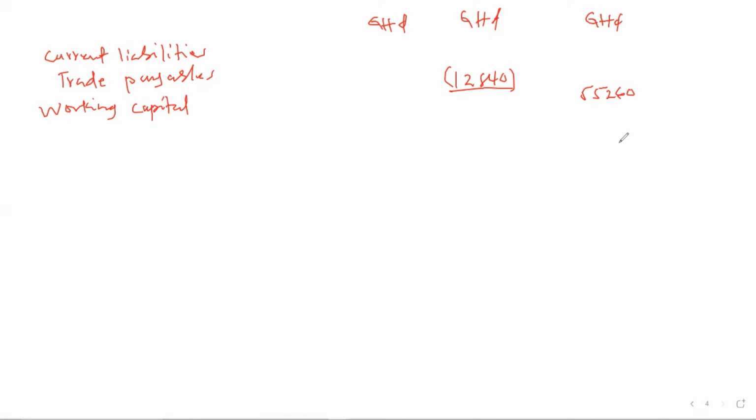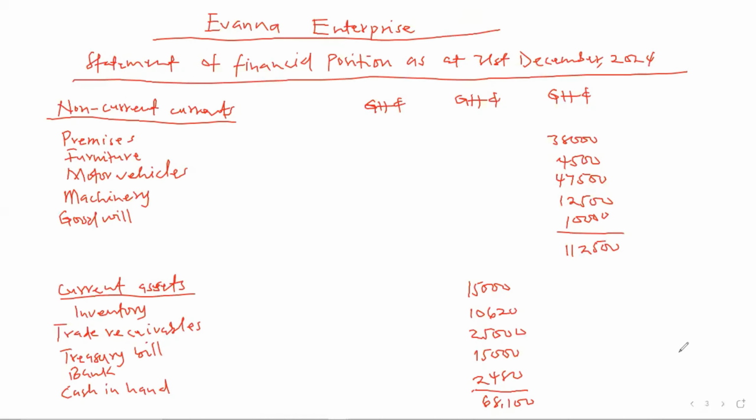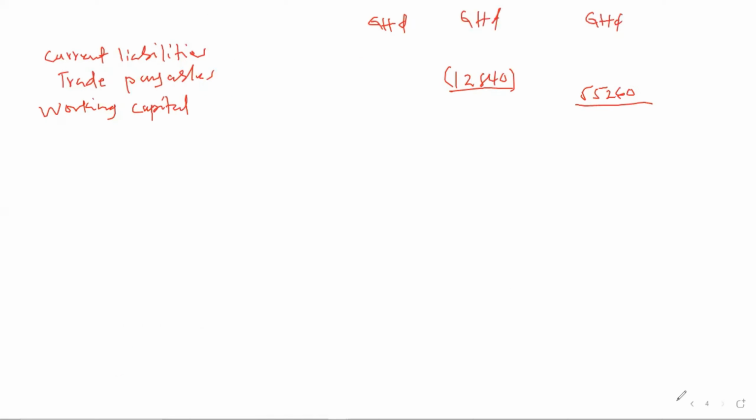So after getting this amount, we come and add the working capital to the non-current assets, for us to get 167,760.